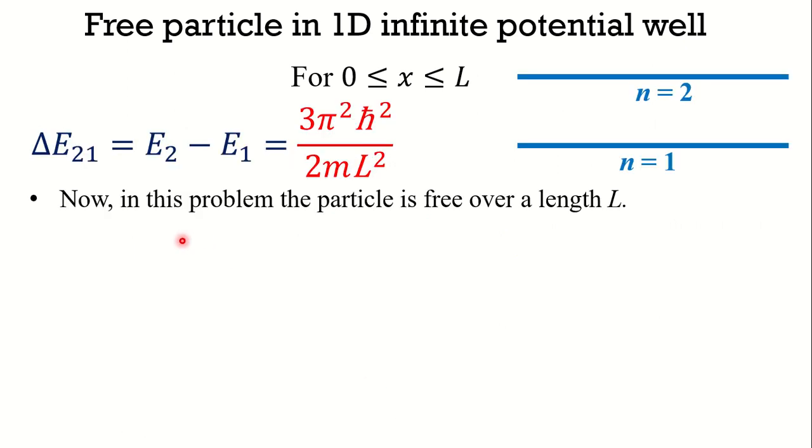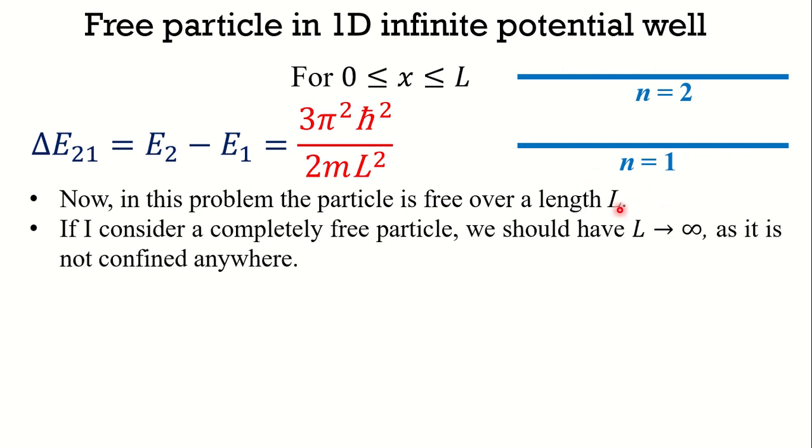Further, in this problem the particle is free over a length L. If I consider one completely free particle, we should have L tending to infinity, and it is not confined anywhere, it is free everywhere. So L must be infinity for a free particle.